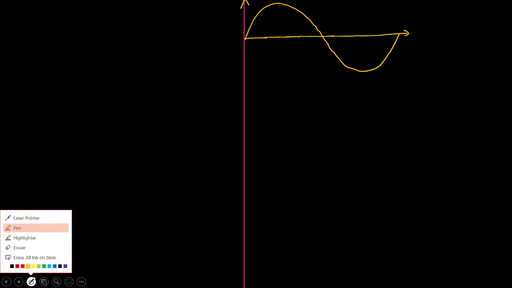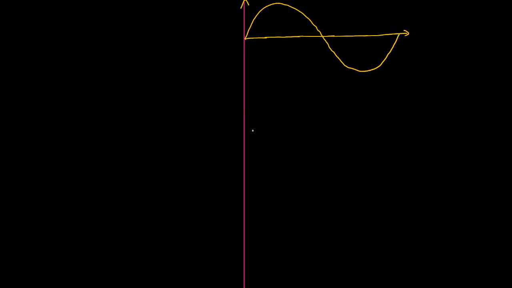Let us keep our attention on the output waveform. If they are using symmetrical angle control, we are going to use symmetrical angle. You might have heard this word in signals and systems. What is symmetric? Symmetric means it should be even everywhere.